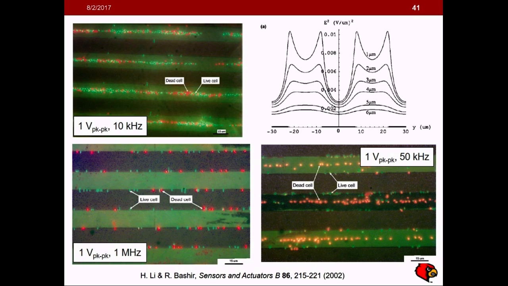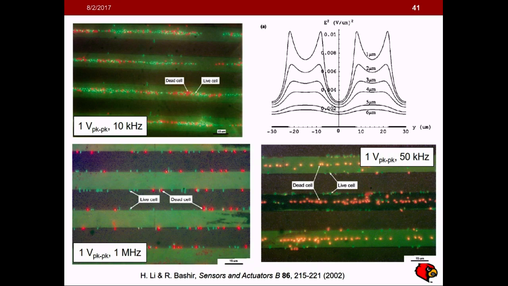And for their interdigitated electrodes at a lower frequency, 10 kilohertz, they all experience negative dielectrophoresis. At a higher frequency, they all experience positive dielectrophoresis, but at a sweet spot of 50 kilohertz for their example, the dead cells and the live cells experience different dielectrophoretic forces in terms of positive and negative, and hence can be sorted and monitored for their device.